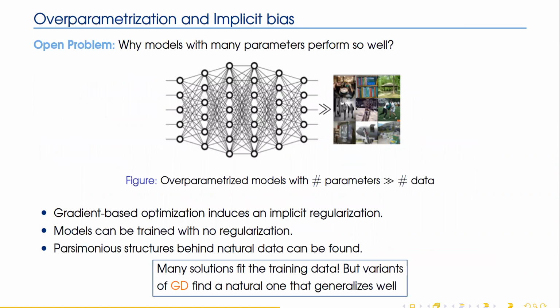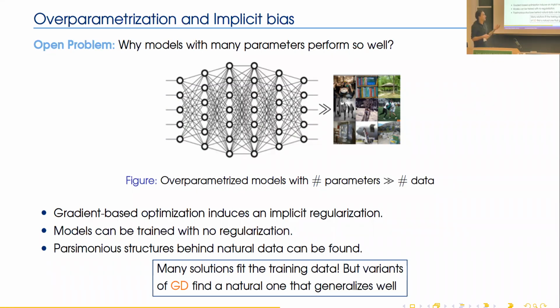And well, the technique, I mentioned these two buzzwords: overparametrization and implicit bias. So the problem, that's also something Emily mentioned in her talk today. We have neural networks nowadays, and they have a lot of parameters, way larger than our data set. And it turns out it's kind of a mystery.